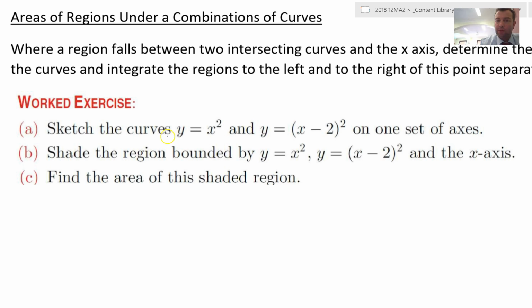So here we go, we've got two curves, y equals x squared and y equals (x minus 2) all squared. These are both parabolas. They both have a minimum on the x-axis. This passes through the origin. What's going to make this 0? It's a perfect square, so it's where x equals 2: (2 minus 2) all squared equals 0. Let's sketch these.